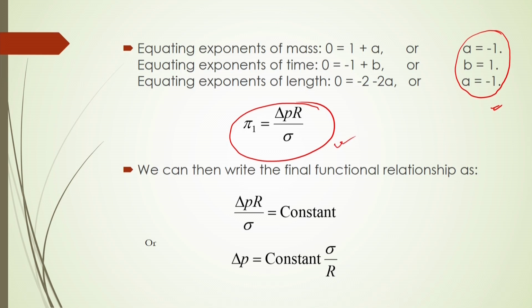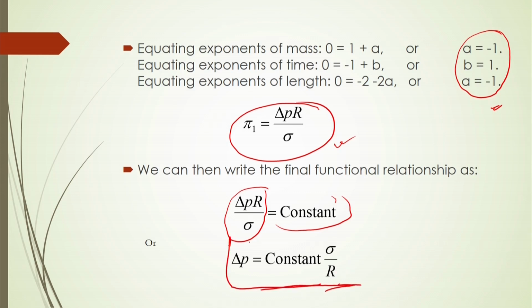So, we have this dimensionless group. Now we can write the final functional relationship. Since there are no other dimensionless groups, the only dimensionless group will be a constant. So, delta p r by sigma is equal to a constant. Finally, delta p will be equal to constant into sigma by r.